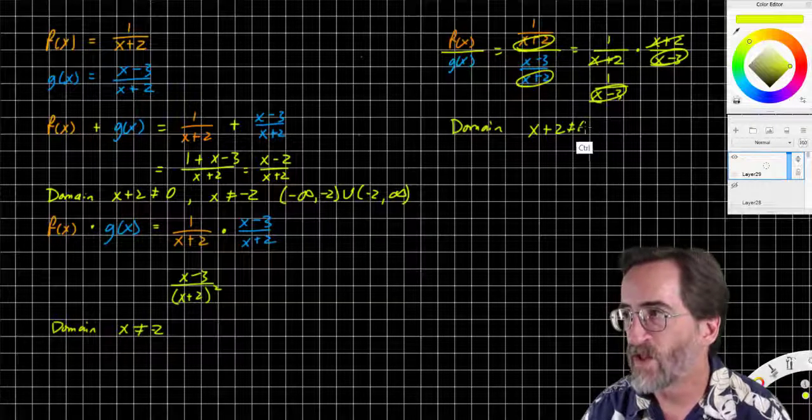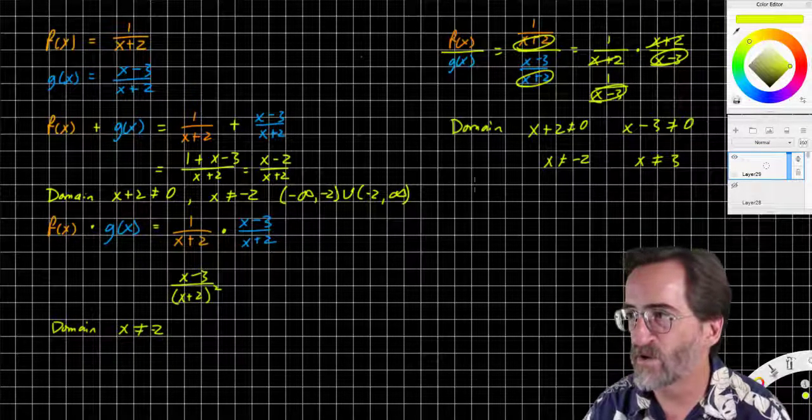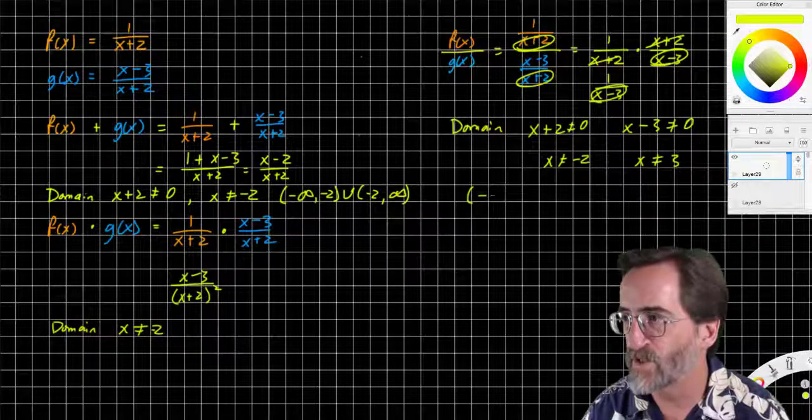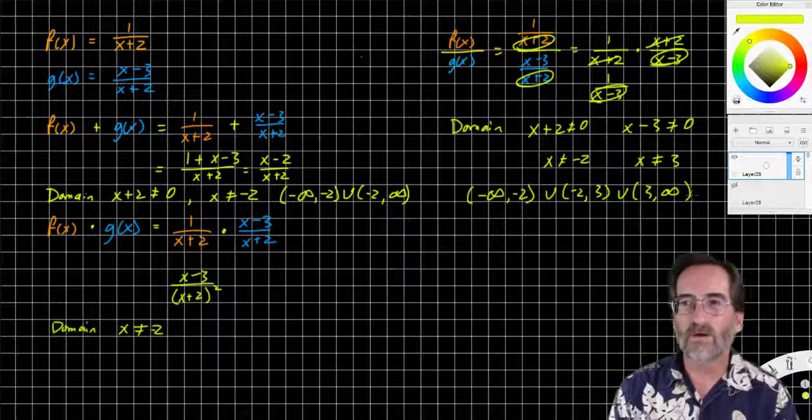Neither can we let x minus 3 equal 0. So x cannot be negative 2, and x cannot be positive 3. Therefore, the domain in interval notation is negative infinity to negative 2, union negative 2 to 3, union 3 to infinity.